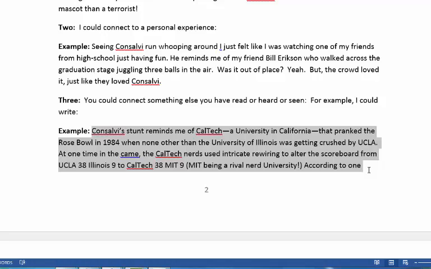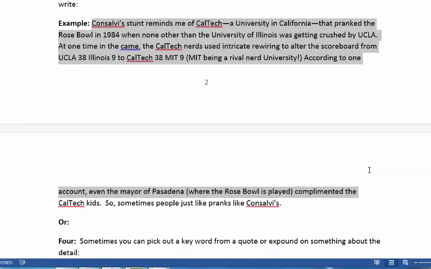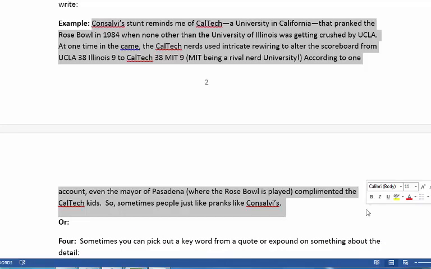At one time in the game, the Caltech nerds used intricate rewiring to alter the scoreboard from UCLA 38, Illinois 9 to Caltech 38, MIT 9, MIT being a rival nerd university. According to one account, even the mayor of Pasadena, where the Rose Bowl is played, complimented the Caltech kids.